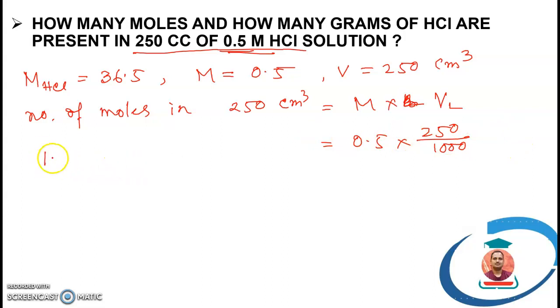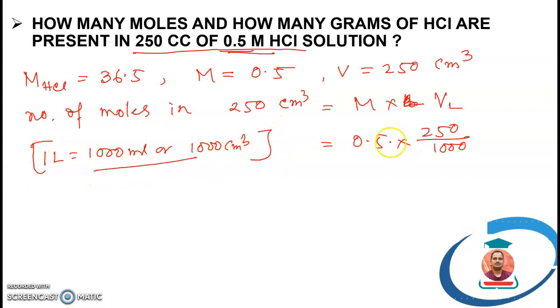I am writing here: 1 liter equals 1000 ml or 1000 centimeter cube. This information will help you. So what is the number of moles? After calculation it comes to 0.125 mole.